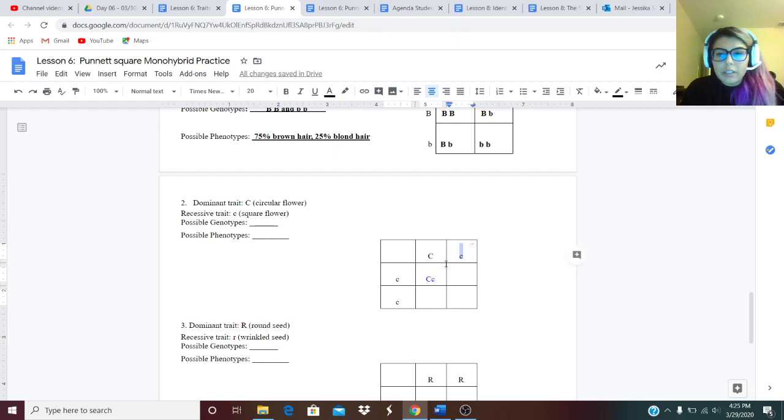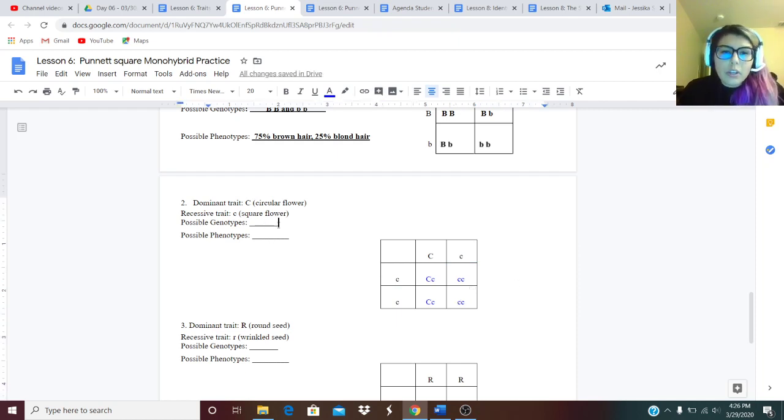So little c, and that goes in this box. I'm going to go ahead and cross again. This time I'm going to cross this one, and that's going to go in this box, and that's going to be capital C, little c. And then finally I'm going to cross this box and this one, and cross this c and this c, and that's going to give me little c, little c.